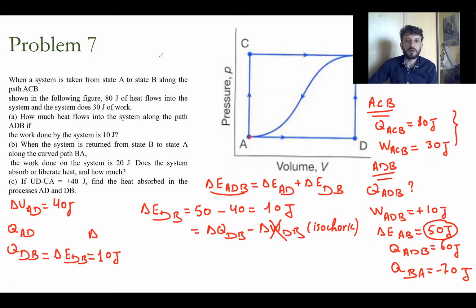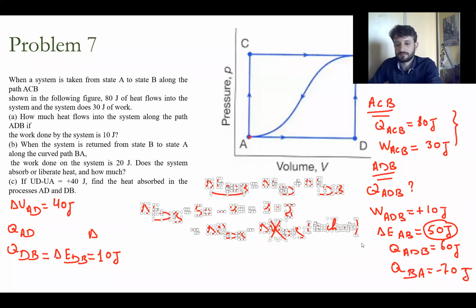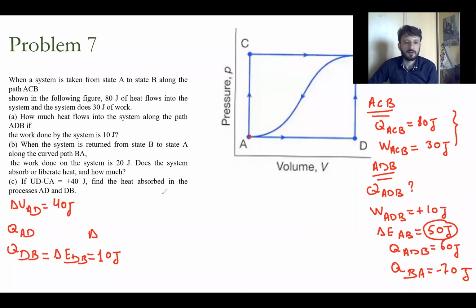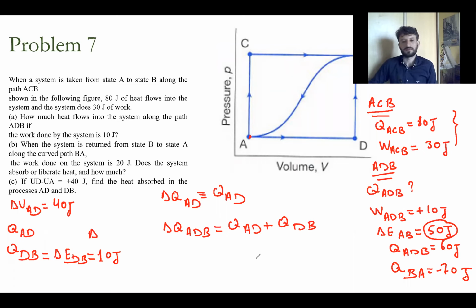The last one, I have to find Q AD. You know, in general, also Q ADB equals Q AD plus Q DB.